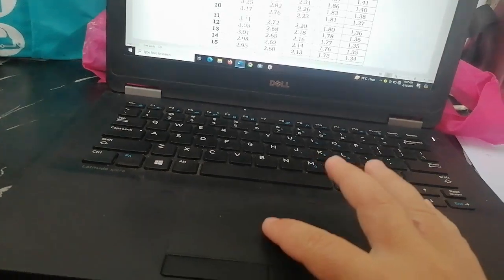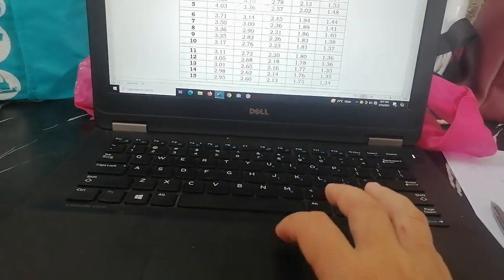But if it is right-tailed, of course you go to the positive side. That is how to use the T-distribution table.